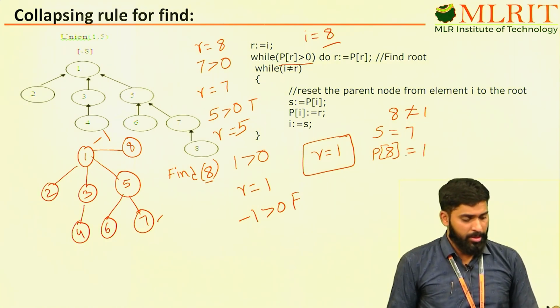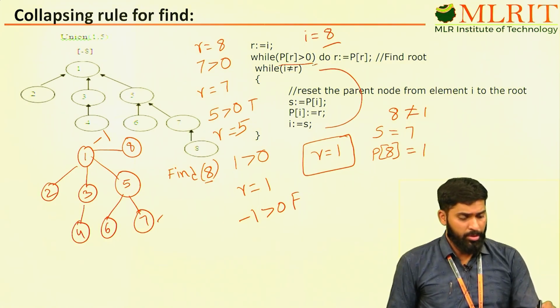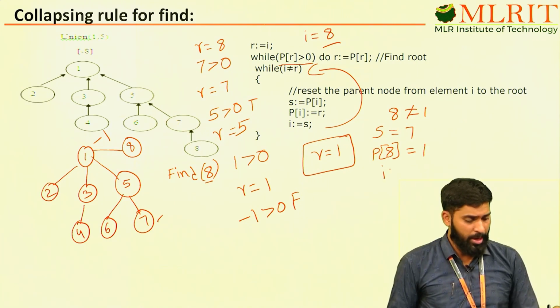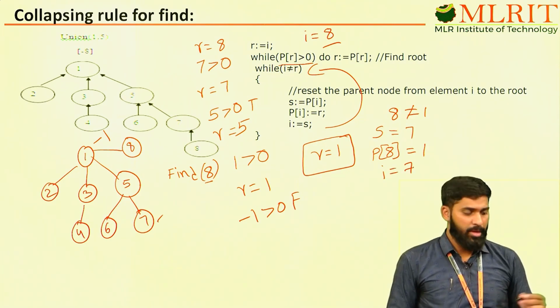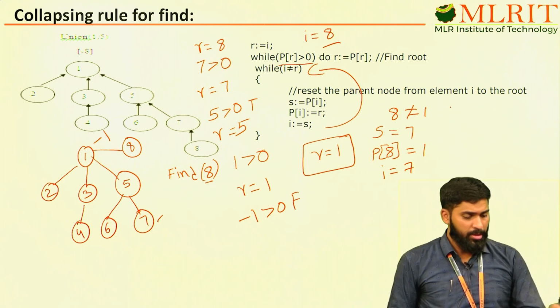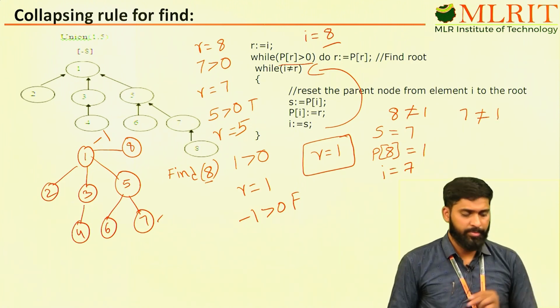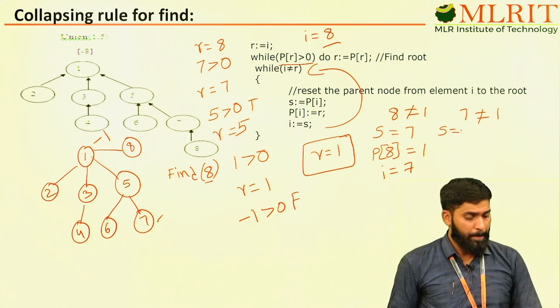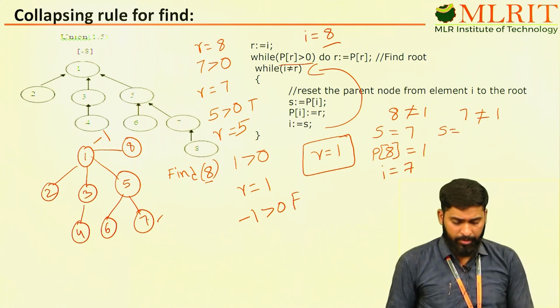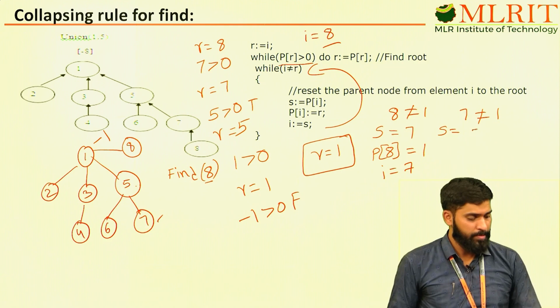Next one. Again we go to the loop, and we update the I value also. I equals 7 now. Next iteration. What is I? 7 not equals R, and R is 1. S equals parent of 7. What is the parent of 7? 5 here.